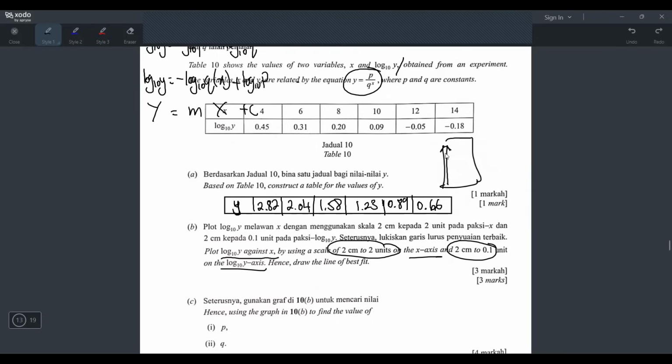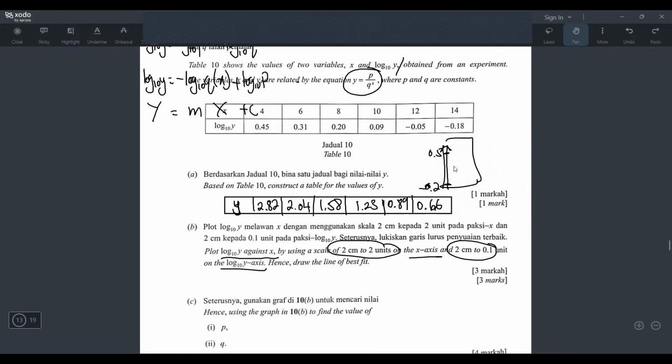After your y-axis is here, you can label the highest number for y, which will be 0.45. But since your scale is 2 cm to 0.1, this must be 0.5, and you have to go down until the smallest value, which will be negative 0.2. You understand, right? Because every time you go down one, you minus 0.1, and if your smallest value here is negative 0.18, it means you have to go down to negative 0.2.